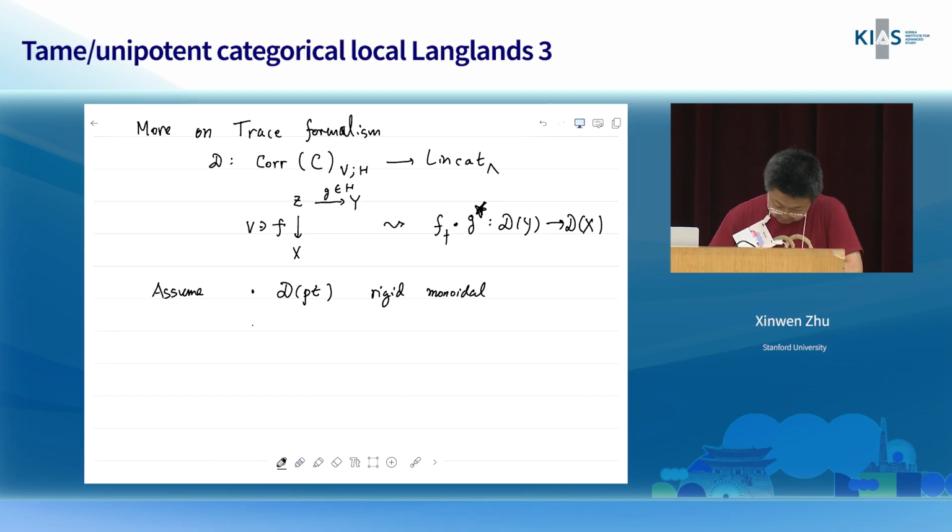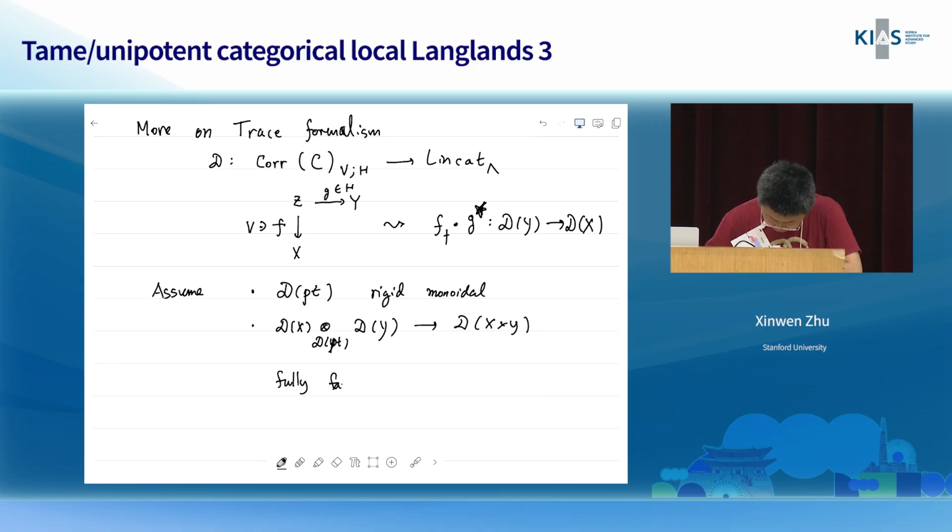For simplicity, I also assume the tensor product, some kind of Künneth formula, holds in this situation. I want to say this is fully faithful, and for simplicity I assume it admits a continuous right adjoint.